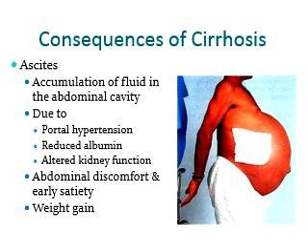Another consequence of liver cirrhosis is ascites. This word just means an accumulation of fluid in the abdominal cavity. Now, ascites can be a result of portal hypertension, so you have fluid spilling into the abdominal cavity, or it could be a result of reduced albumin.